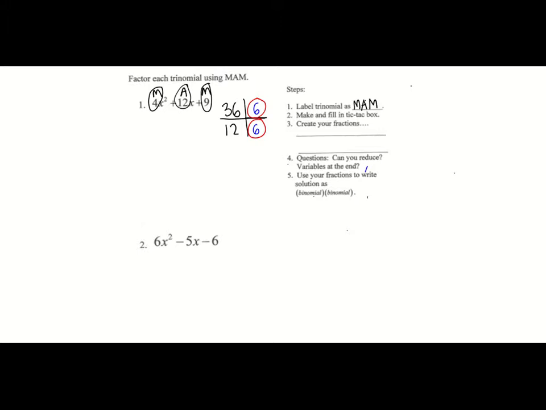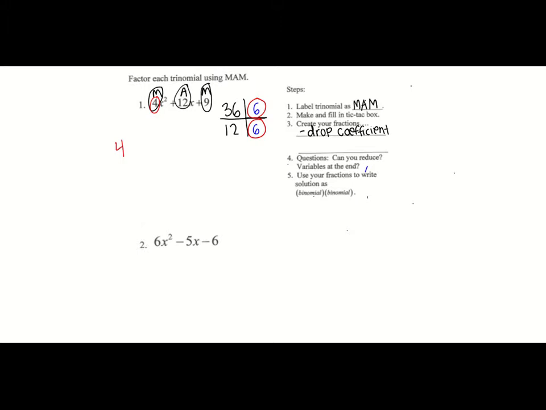So our next step is to create our fractions. So the first thing you're going to do is drop the coefficient. And our coefficient in this case is 4, our first coefficient.